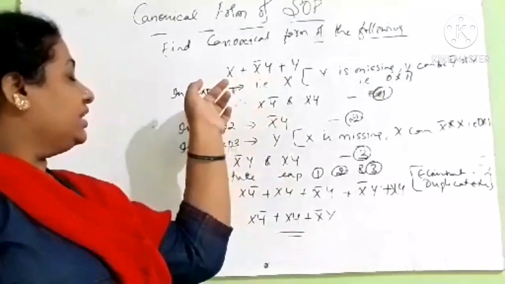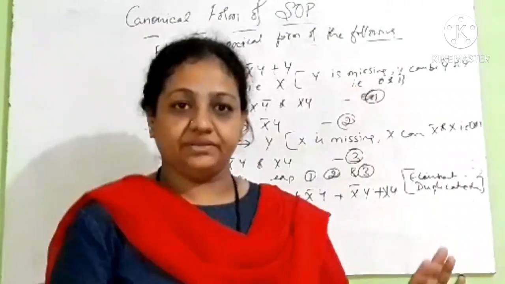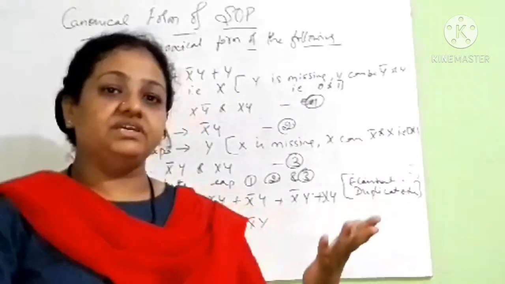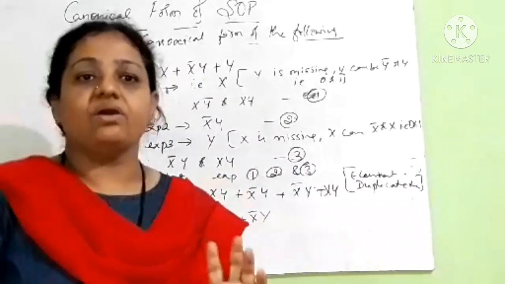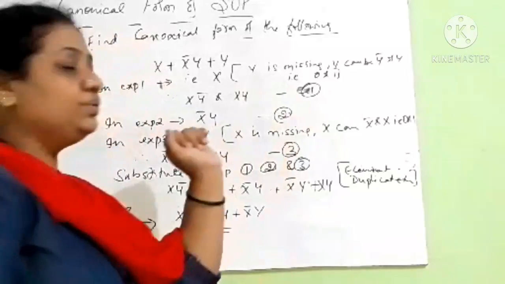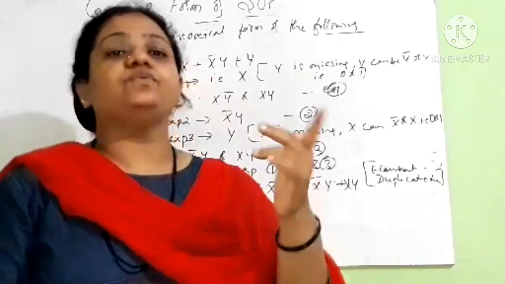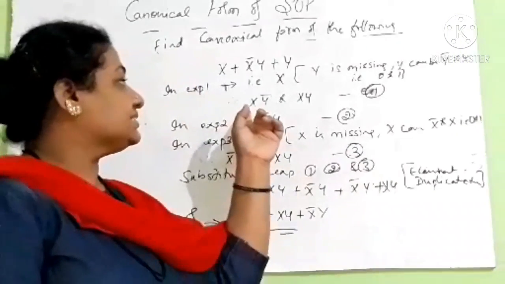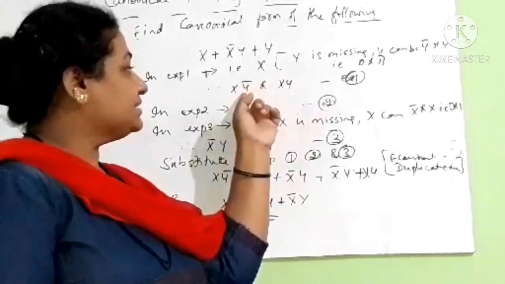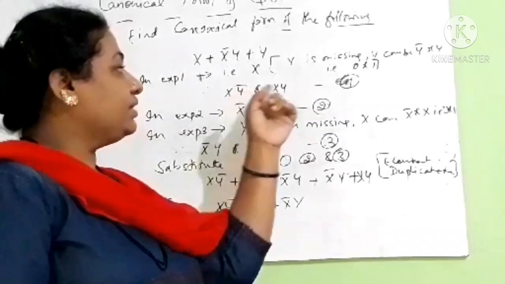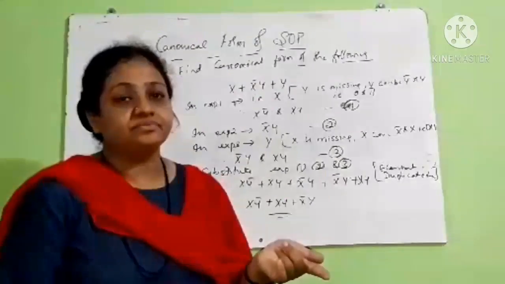So in expression 1, y is missing. Y can be 0 or 1, that is y bar or y. Therefore, when I put y along with the x, it will be x, y bar or y, because y is missing. Y can be y bar or y, that is 0 or 1.